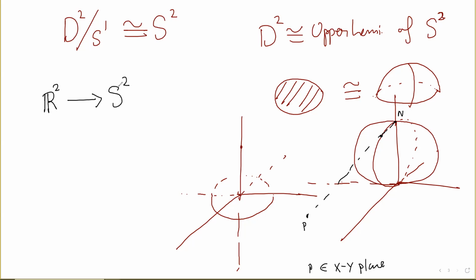Let me see if it is possible to directly do a projection and get it, because you have to just fold it. So there should be a folding map available. What should that look like?